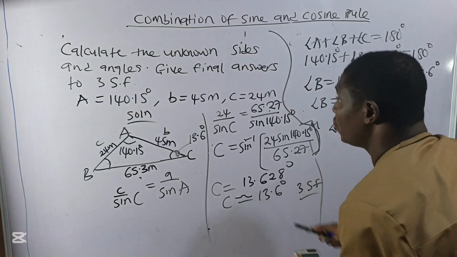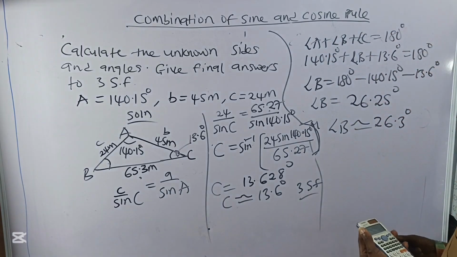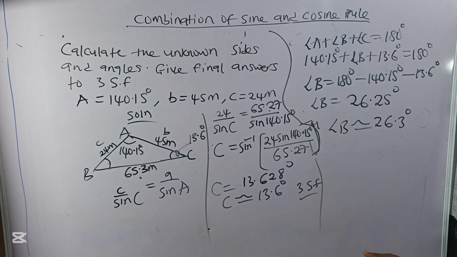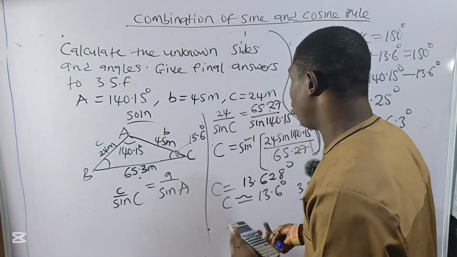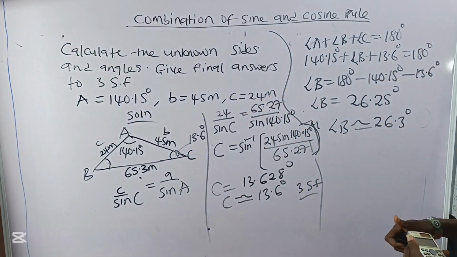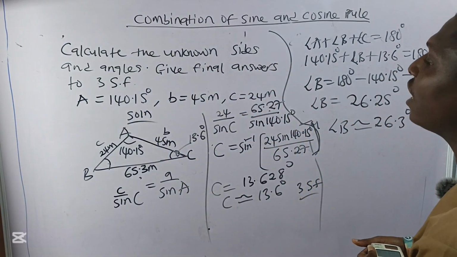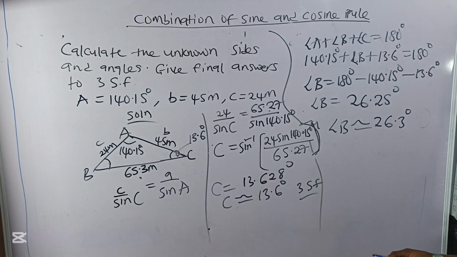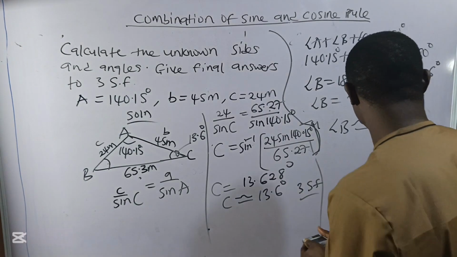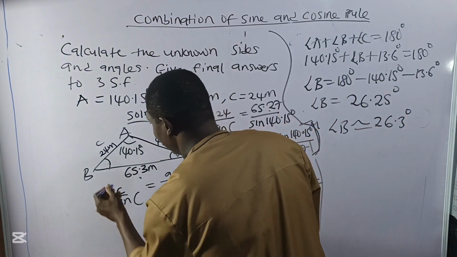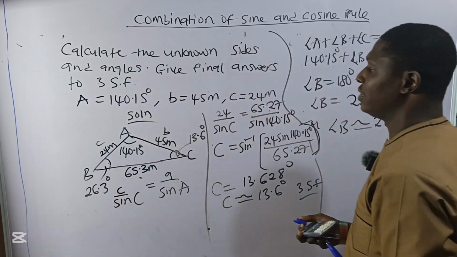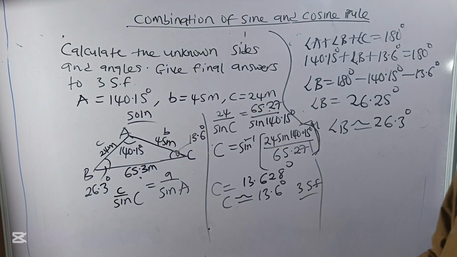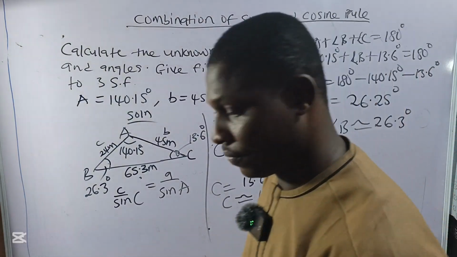The question says to three significant figures. In an examination, what I normally do, since this is to three significant figures, is to make my other values three significant figures too. So when I sum up all the values, I'll have exactly 180 degrees. So angle B is 26.3 degrees, and this is the solution to this given question. Thank you.